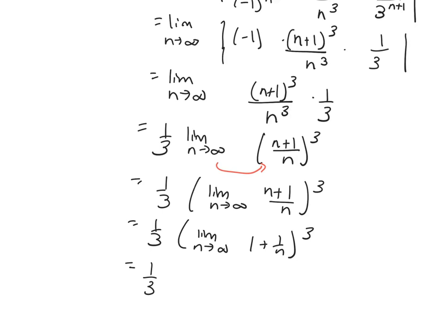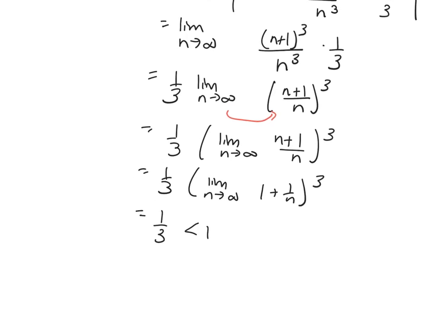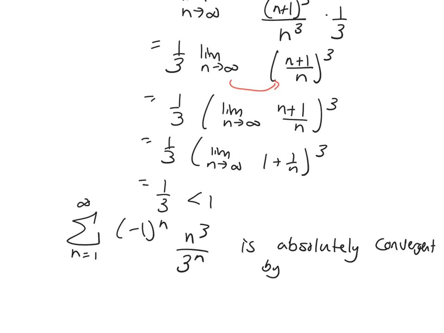Is that number less than 1? Yes. So refer back to your ratio test. Part 1 tells me that the series is absolutely convergent. Okay, so let me write the conclusion down, and then we can take questions. So the sum from n equals 1 to infinity of negative 1 to the n cubed over 3 to the n is absolutely convergent by the ratio test.